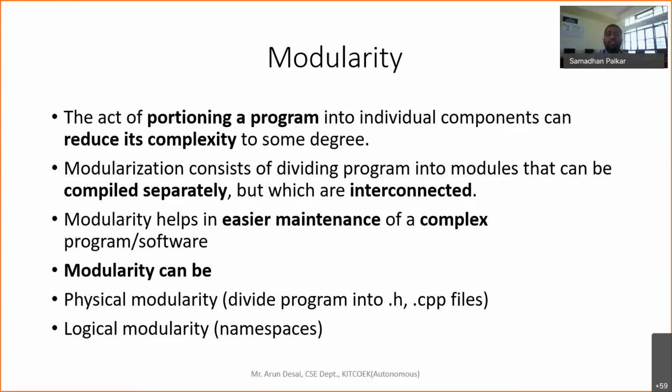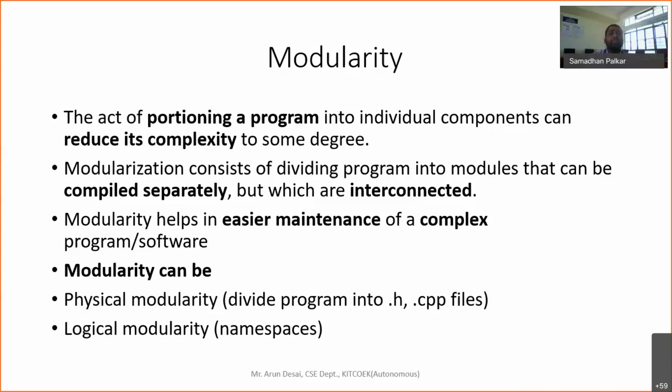What all things are there, we'll see when we have a program for you. But for the time being, keep in mind that physical modularity is where we are dividing a program, separating a program just like .h files, .cpp files and all, right?